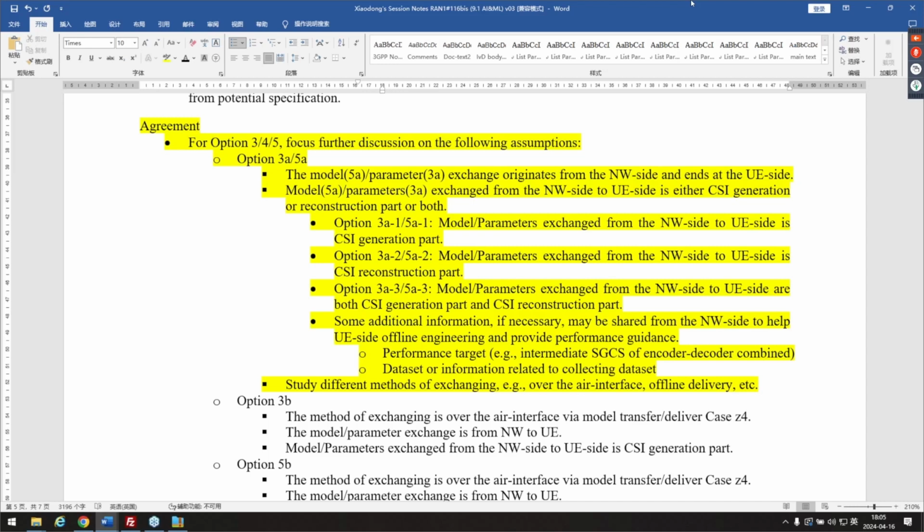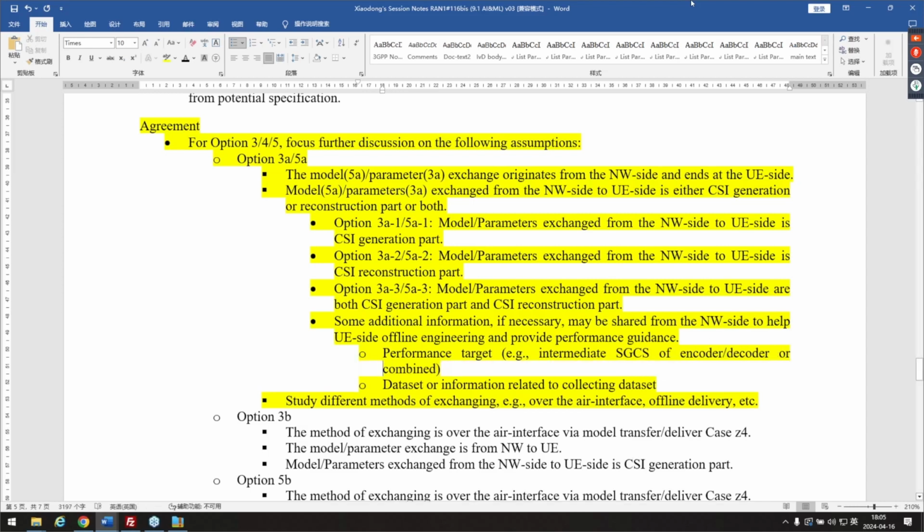I mean, if Huawei wants, Huawei can add other examples. No, it's not only combined, right? It could be encoder slash end-to-end, right? Encoder only, that is for option 3A-1. Option 3A is encoder, decoder, all combined.